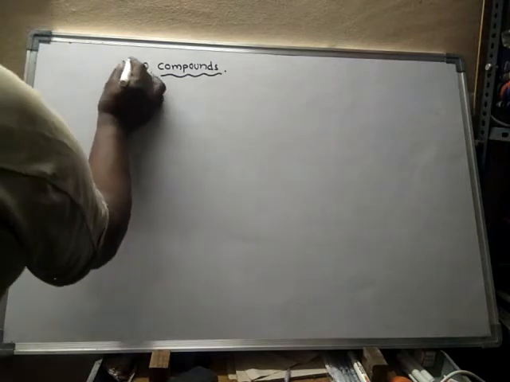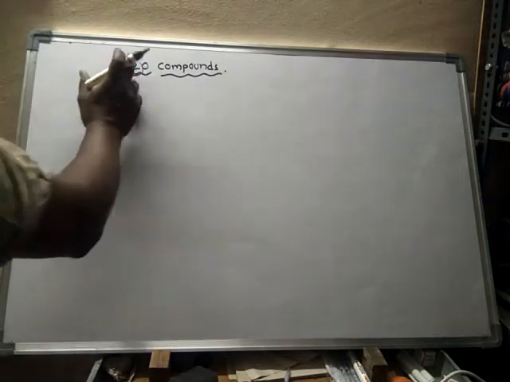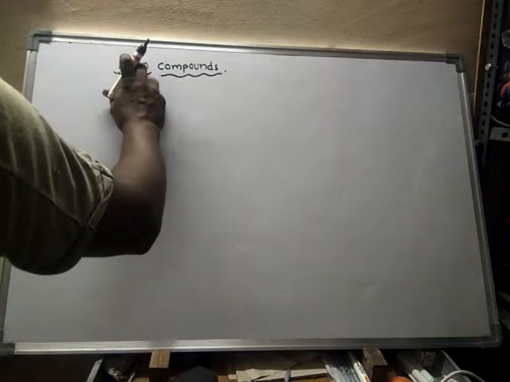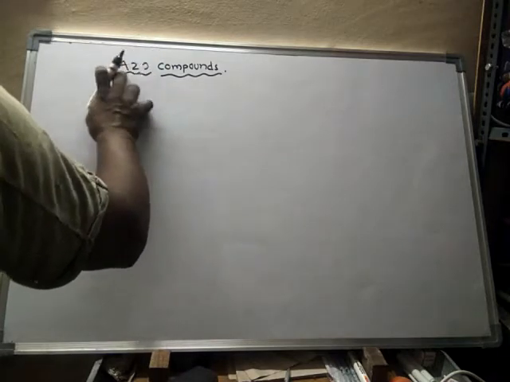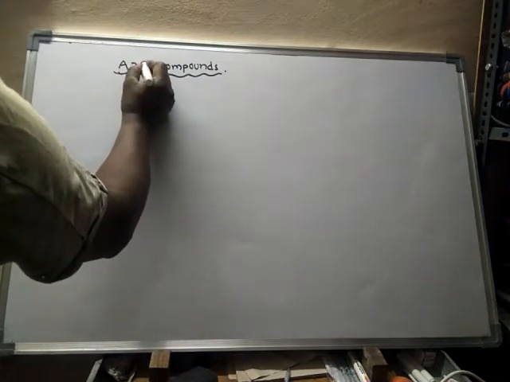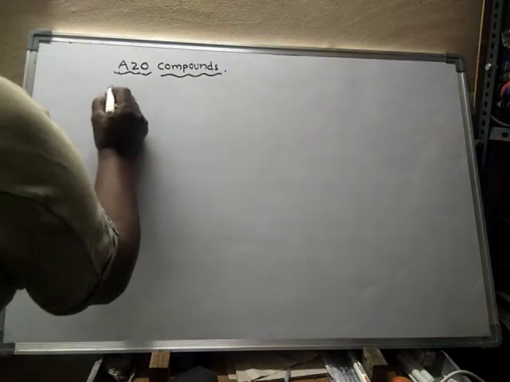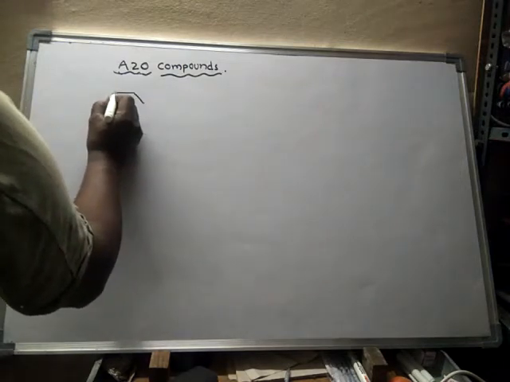Az means it is related to nitrogen. Okay, it is related to nitrogen. So how do the azo compounds look? What is the structure present in the azo compounds? So this is an example. This is one example of an azo compound.